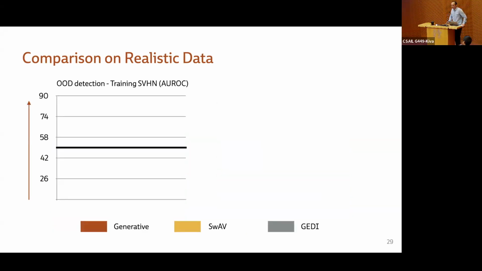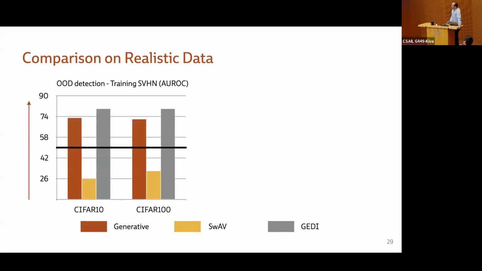Another task that we can tackle is out-of-distribution detection. Here we train our neural network on a data set of numbers, and then we test on a different data set whether the data can be detected as out of distribution.